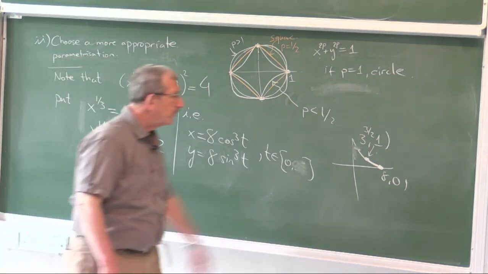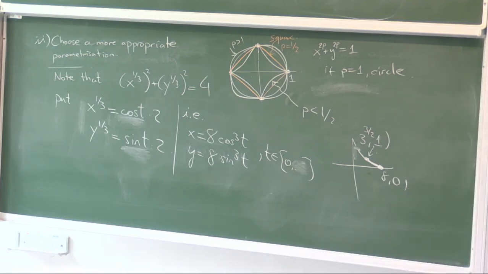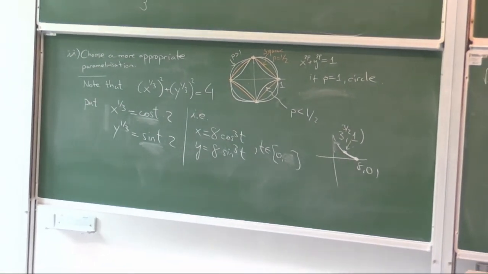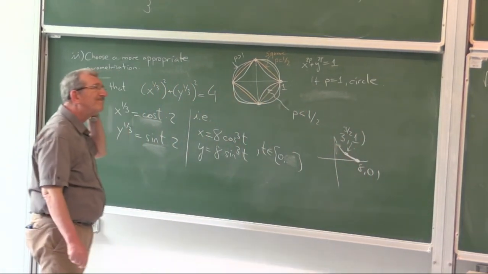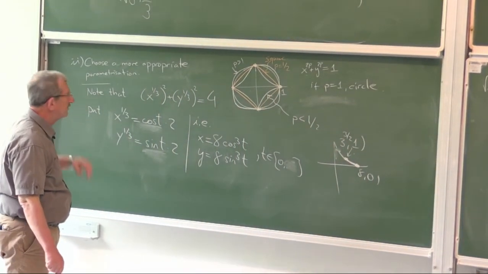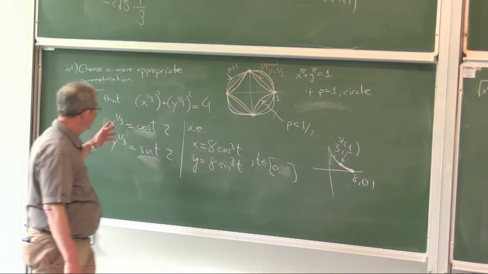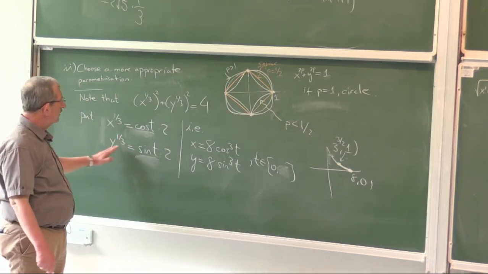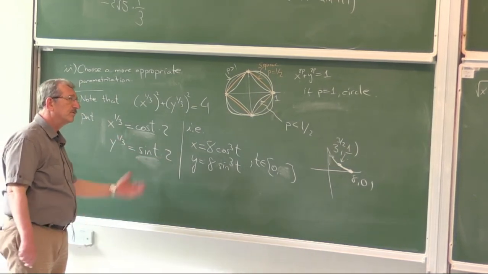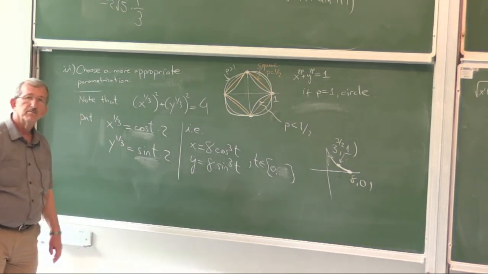Right. So here, clearly, t is 0. But at the upper edge, we can find t. That is, y is 1. So sine t is 1/2. So that means t is pi over 6.